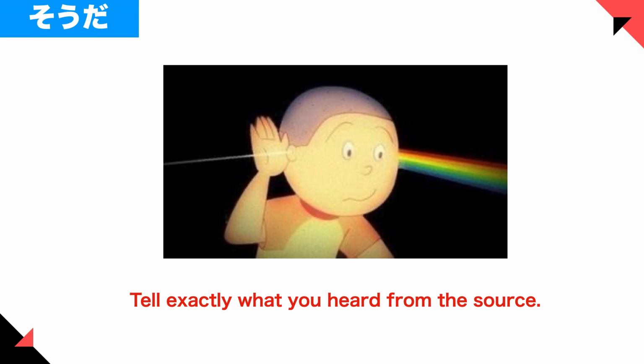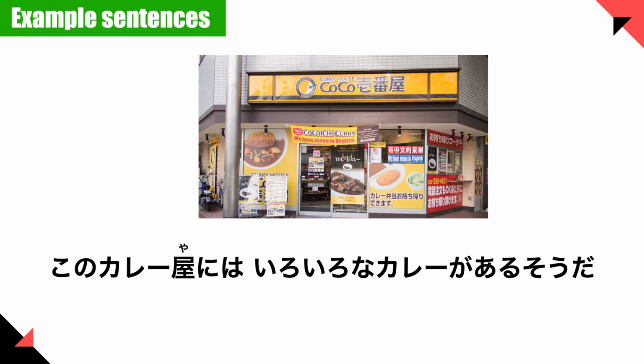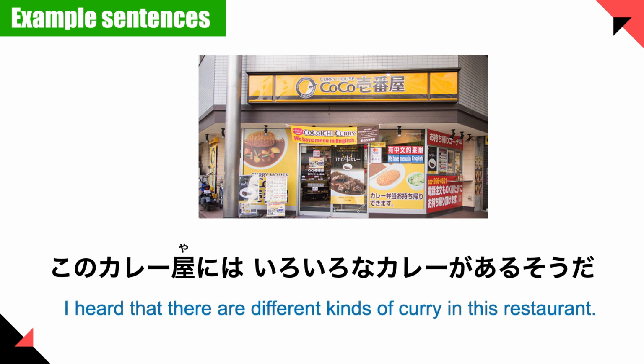Alright, so to talk more about そうだ, そうだ is used when you tell exactly what you heard from the source, and the source should be pretty reliable. So this is exactly what you're doing. You hear from the source and then you just tell what you heard to another person. Alright, example sentence. このカレー屋にはいろいろなカレーがあるそうだ。I heard that there are different kinds of curry in this restaurant.